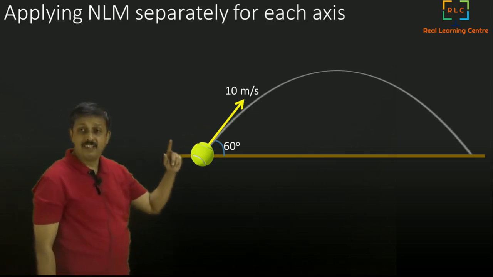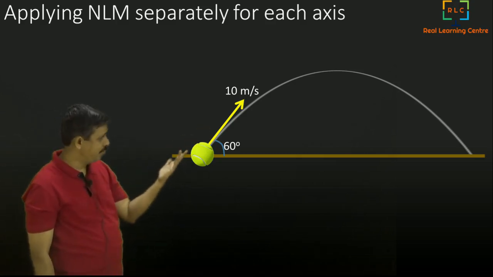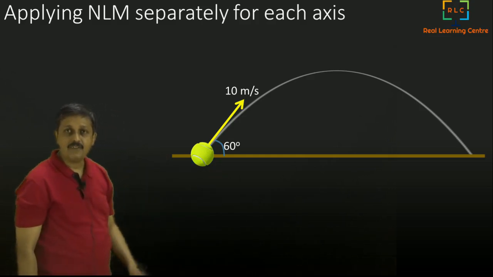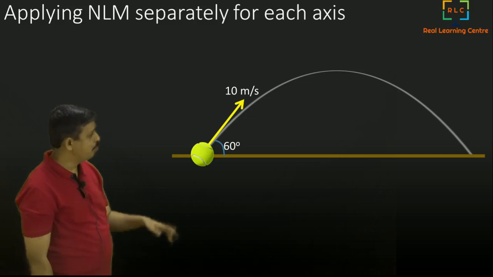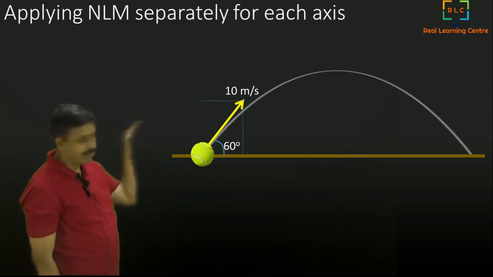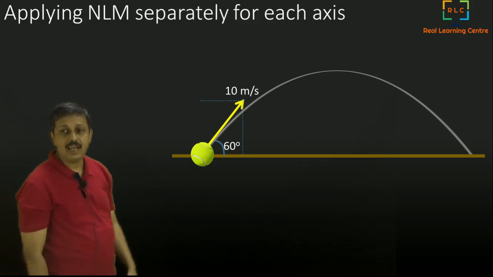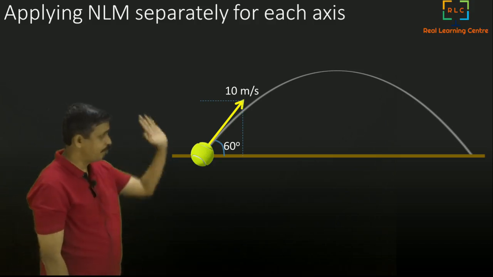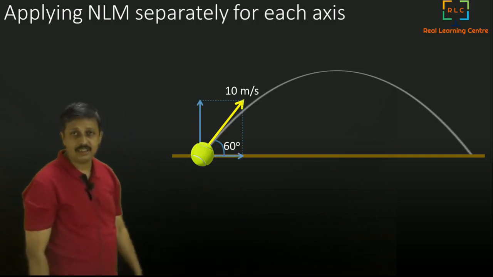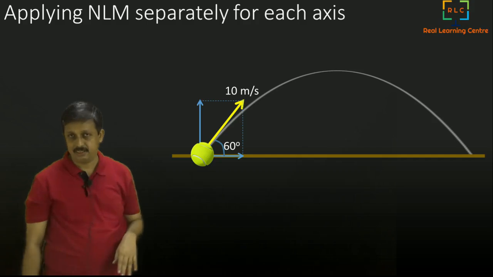If it is 10 meters per second, I will draw a 10 centimeter line at an angle of 60 degrees. After drawing that, I draw two lines, one vertical and one horizontal, joined from the initial point, and I measure the horizontal line and the vertical line.